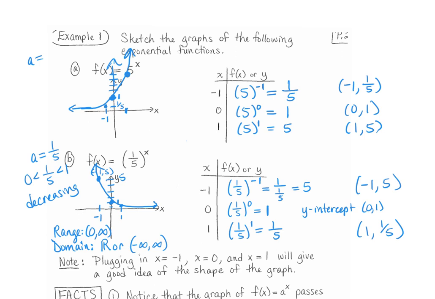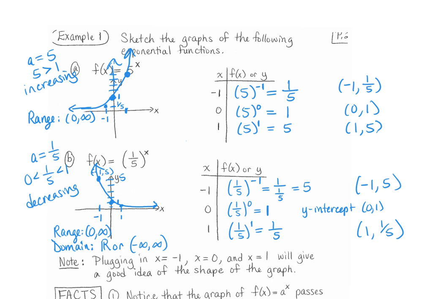Now, in this case, we knew a was equal to what? 5, good, and we knew 5 was greater than 1, good. So we know this function is increasing. Okay, so other things you can tell me. What's the range? Good, parentheses 0, comma infinity, because we read the y values for our function from 0 to infinity.